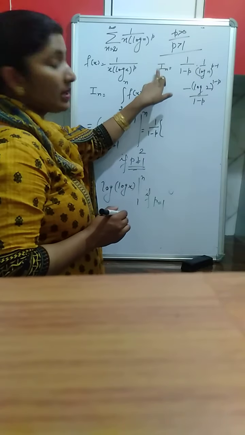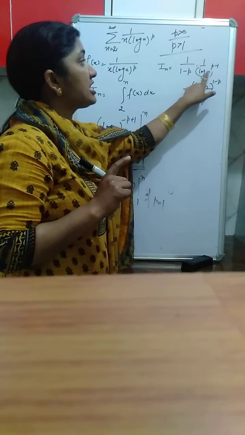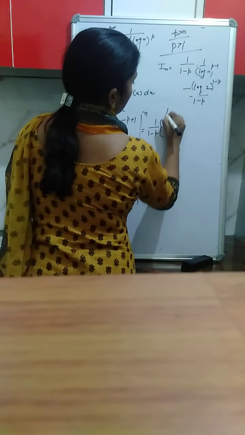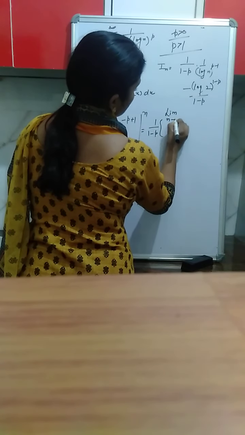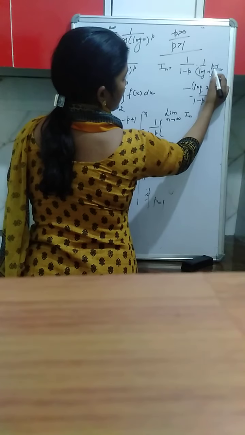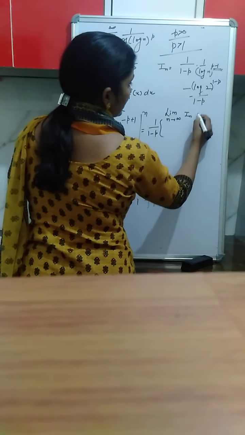So when n approaches infinity, as p is greater than 1, this power is positive, so this part is infinity, and 1 upon infinity is 0.